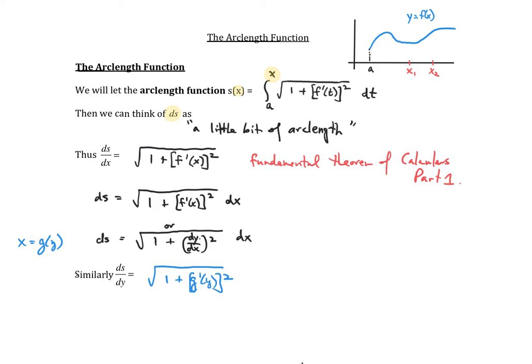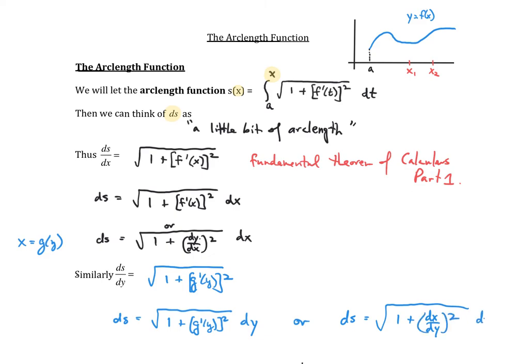Solving for ds, we get the square root of 1 plus g prime of y quantity squared dy, or ds equal to the square root of 1 plus dx dy quantity squared times dy.